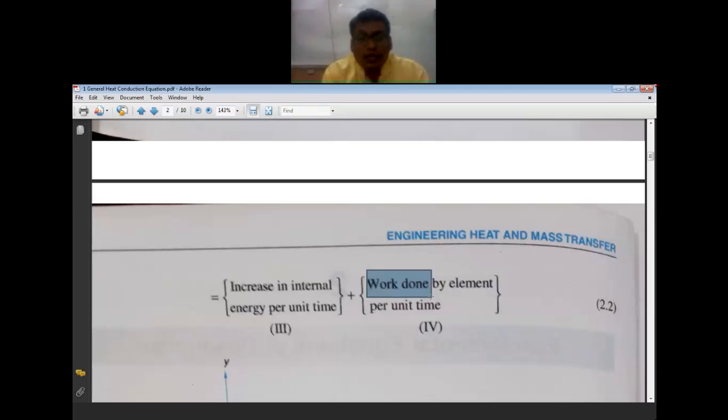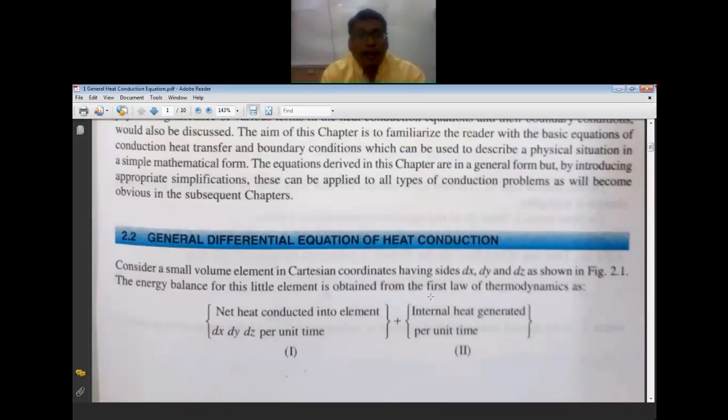Here we are not considering any work done, so that term will become 0. Only three terms will remain. First, the net heat conducted into the element, that means input minus output, plus the generation, or you can say the consumption also.